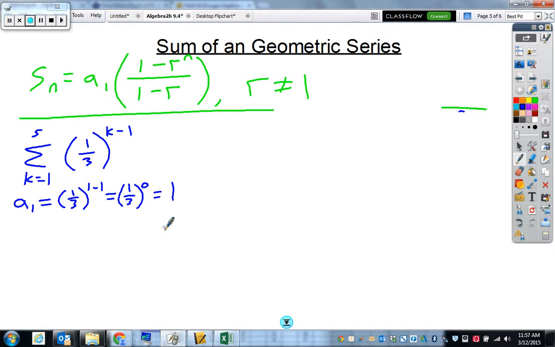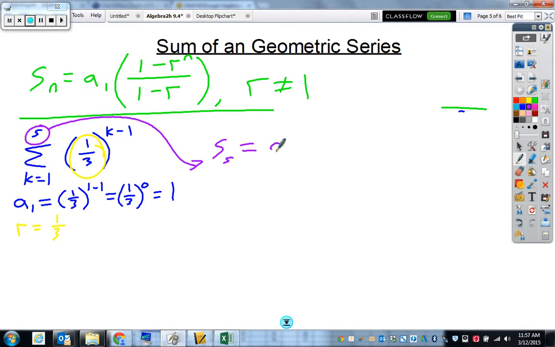Now my r is just going to be whatever number is right here. So in this case, 1/3. So r equals 1/3. And then I'm trying to find s sub that number on top. So in this case, s sub 5. So now I can plug into my formula.